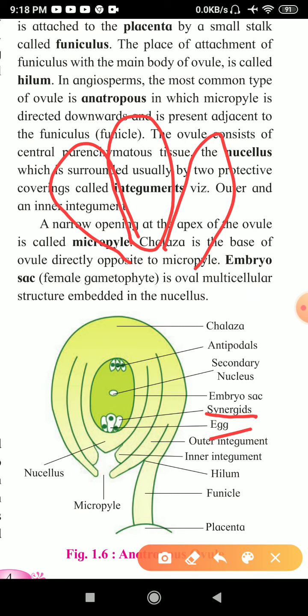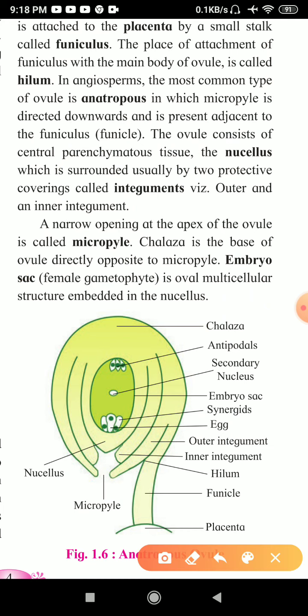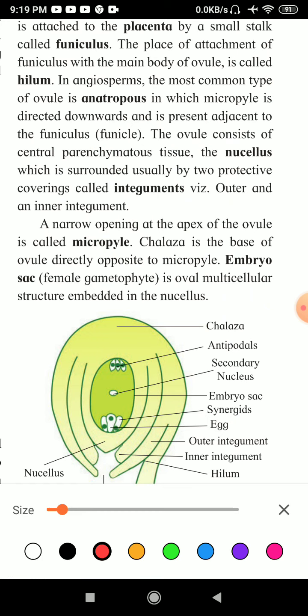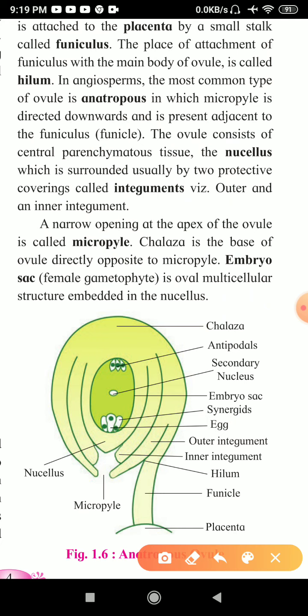Okay, let me take another color. See, this is our pollen tube. Inside it there are two male gametes.